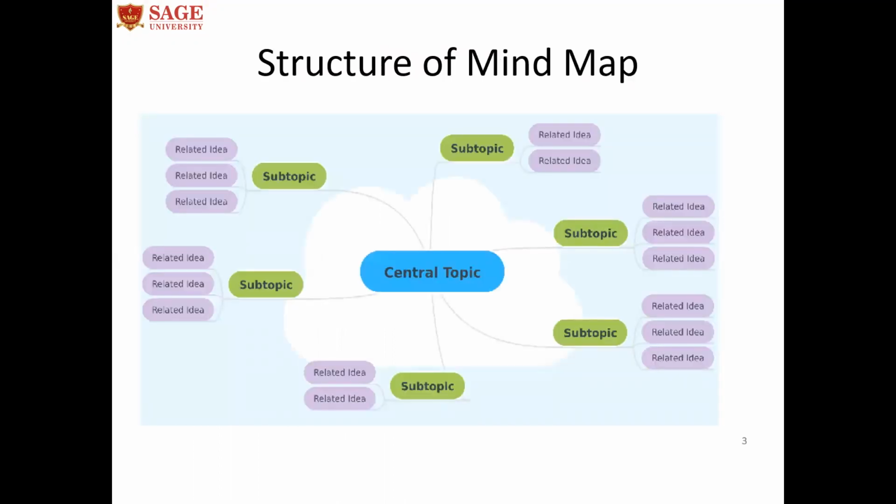So the first question is, how do I get started with mind mapping? Here you can see a basic structure of a mind map which I have put up. The first point to be noted is to place the central theme, that's the topic, the main idea or the controlling point, in the center of your page.